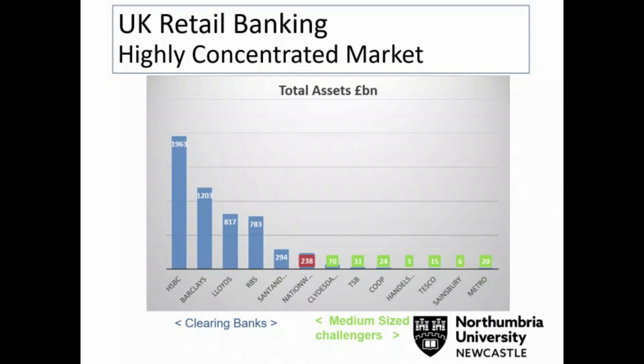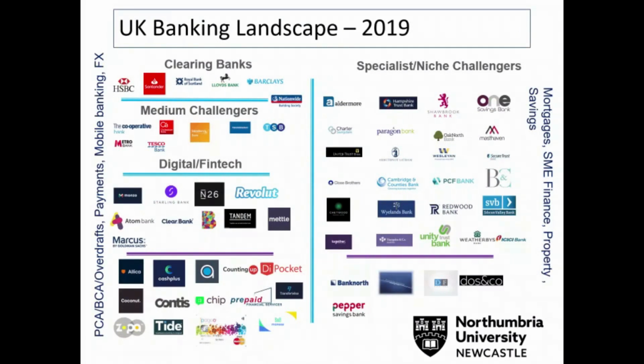But let's fast forward to 2019, or this year, and we can see the banking landscape has really shifted. Now again, this is a little bit of an over-exaggeration, but you can get the idea. You've still got your clearing banks, you've still got your medium challengers.